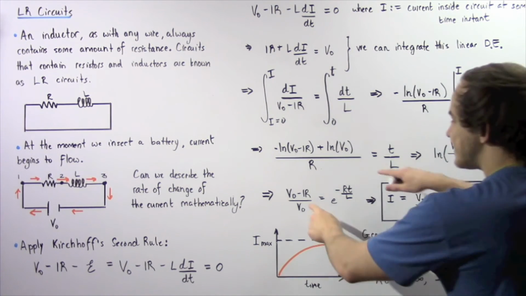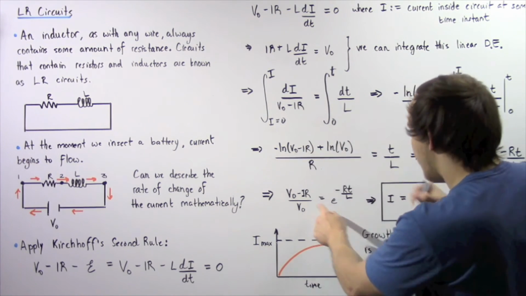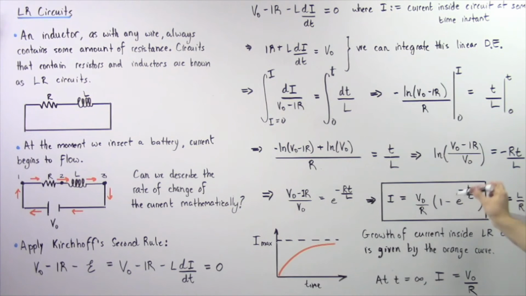If we solve for I, we see that I is equal to V0 divided by R multiplied by 1 minus e to the power of negative t divided by tau, where tau is simply our time constant. It's given by the ratio of L, our inductance, divided by R, our resistance.